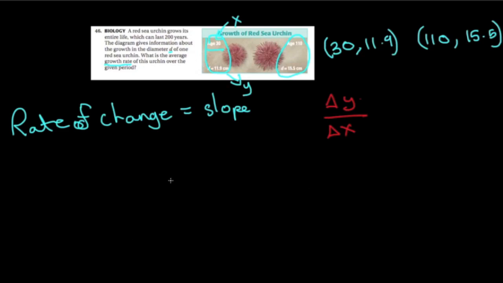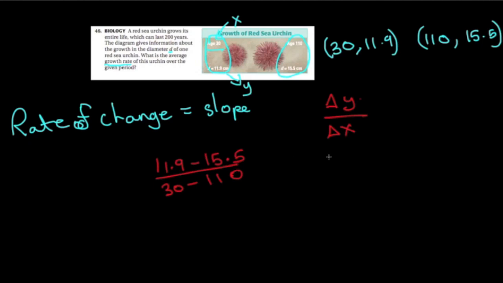So let's go. 11.9 minus 15.5 over 30 minus 110. Now it doesn't matter in what order you put these, as long as you put the right ordered pair together.